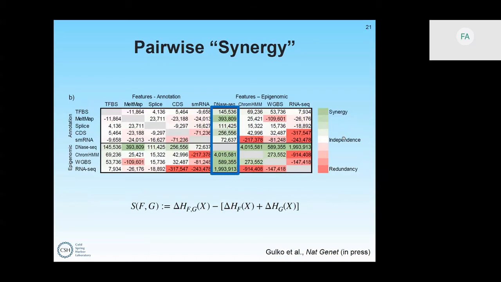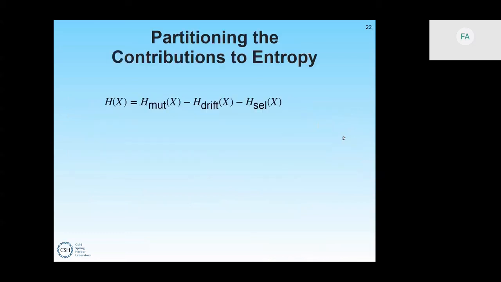And so it turns out to be particularly informative in combination with annotations like transcription factor binding sites, because binding sites that are active are going to show a stronger signature than ones that aren't active, and with other epigenomic marks. We also see quite a lot of synergy from Chrome-HMM.